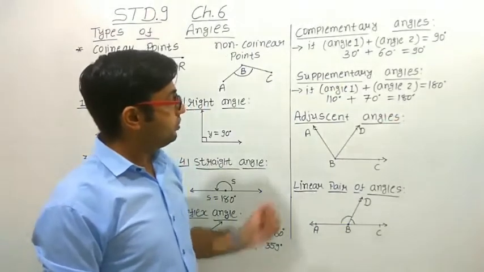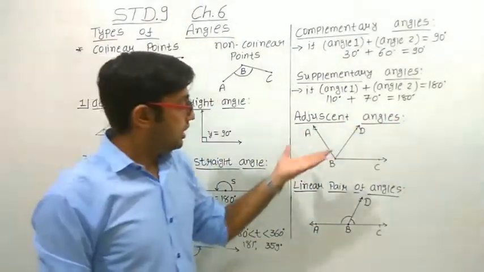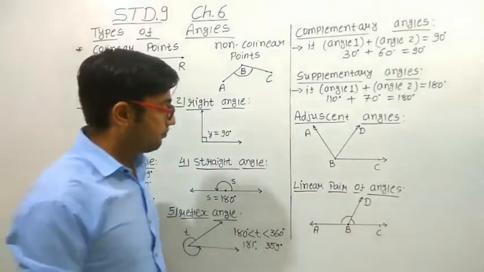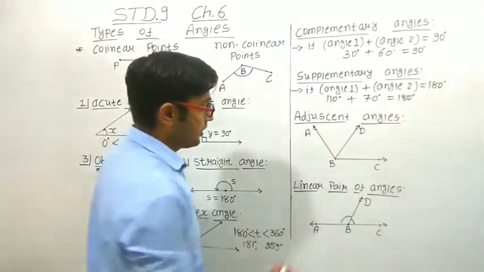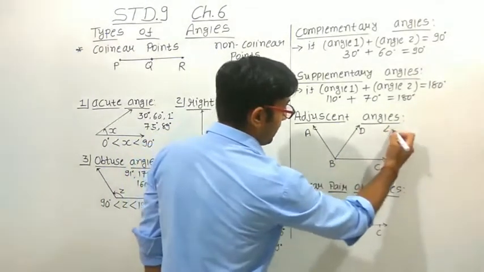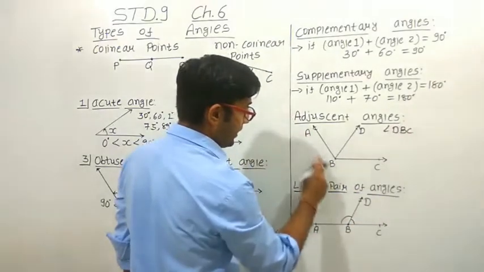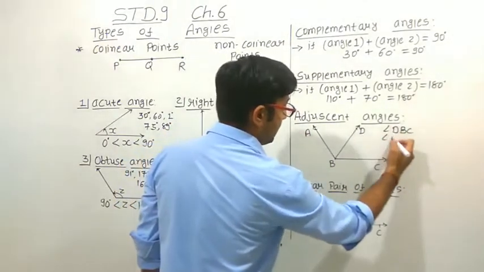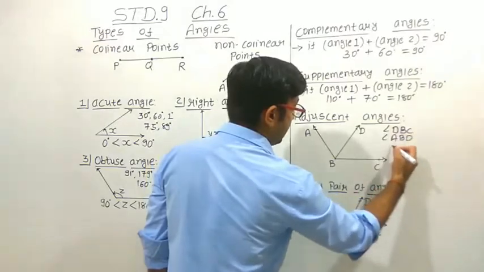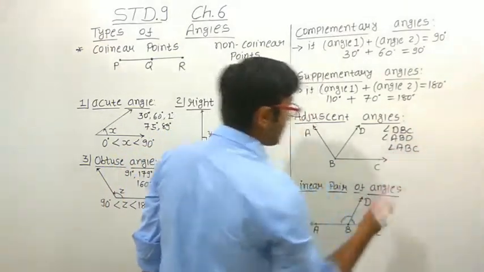Okay, now the next terminology is adjacent angles. Consider this diagram, how many angles are there? See, there is one angle DBC, second angle is ABD, and third angle is ABC.